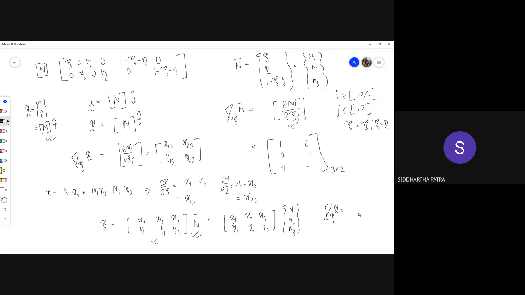Then you have x1, x2, x3, y1, y2, y3 multiplying the gradient of N bar with respect to xi, so basically this matrix. Now can you do this multiplication and tell me whether or not you are getting the earlier expression that we got?